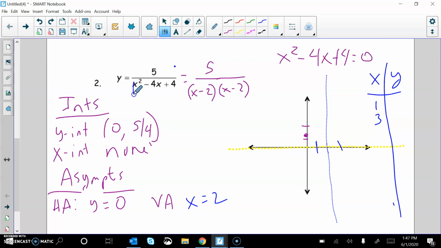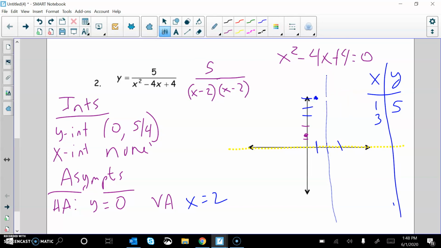So plug in 1 here and here. It's a bit easier. Negative 1 squared is 1, so we get 5. So plug in 1, you get 5. So that's 2, 3, 5. Oops, wrong side.